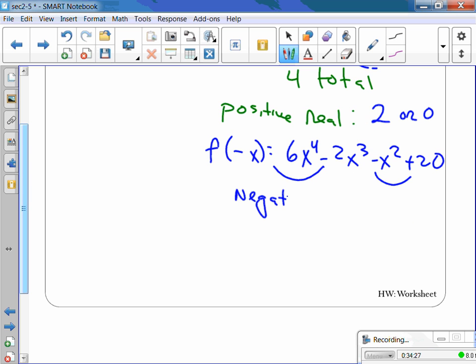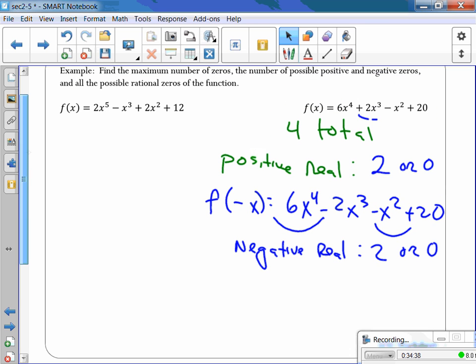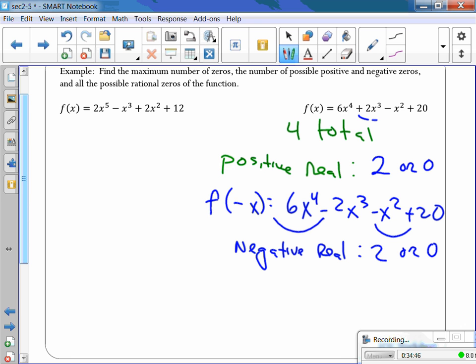And then for possible rational zeros, it takes the form of what? P over Q are factors of the 20, our constant term, over the factors of 6. Oh, yeah, there's no 3.